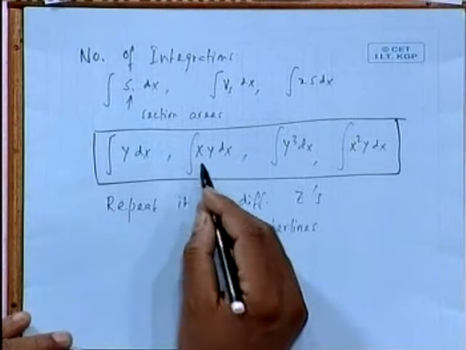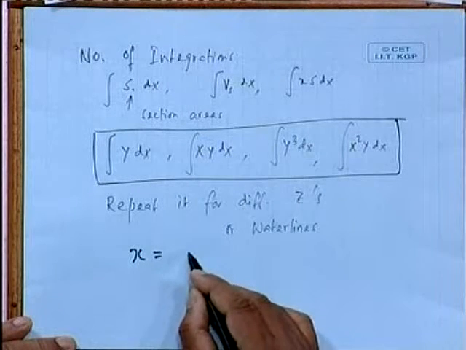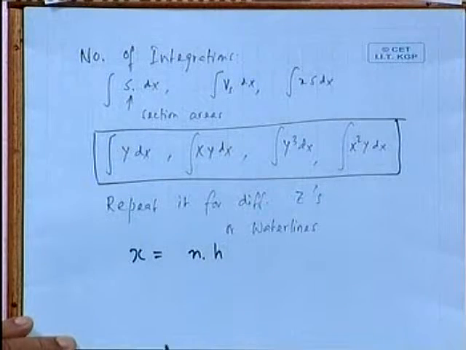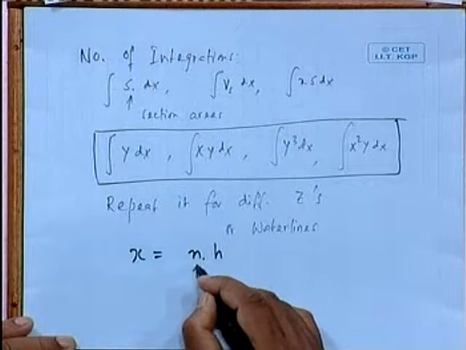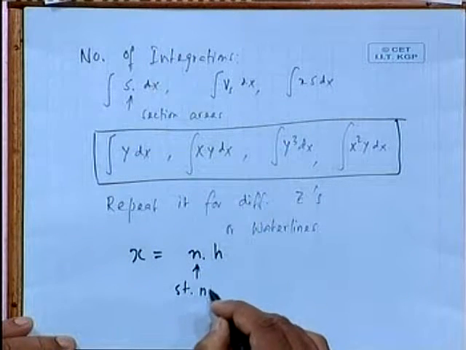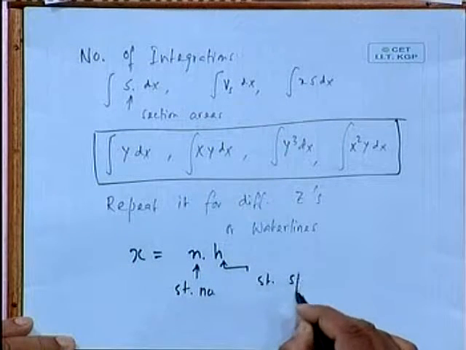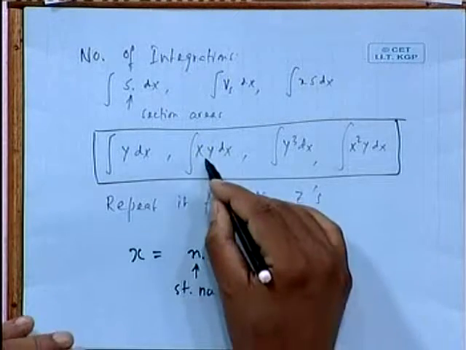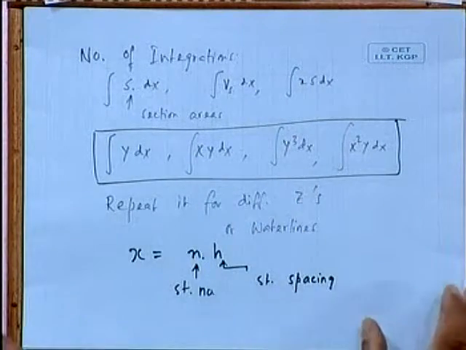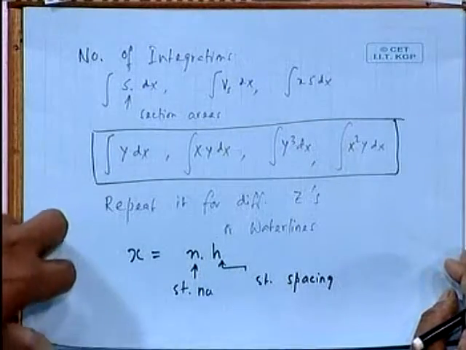Again here I will try to show that when you do the integration, x is always written as n into h. n is the station number, h is station spacing. Therefore, this calculation you can replace by this, you see. So let us see how we carry out this calculation on one piece of paper once more.